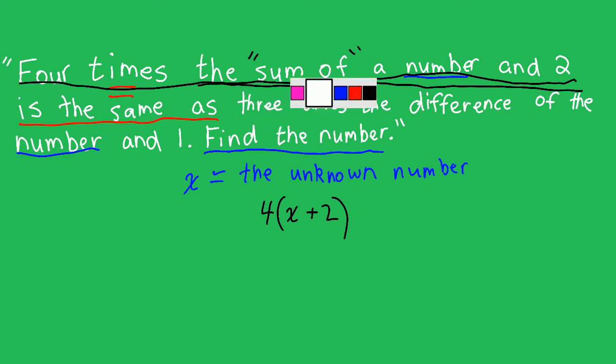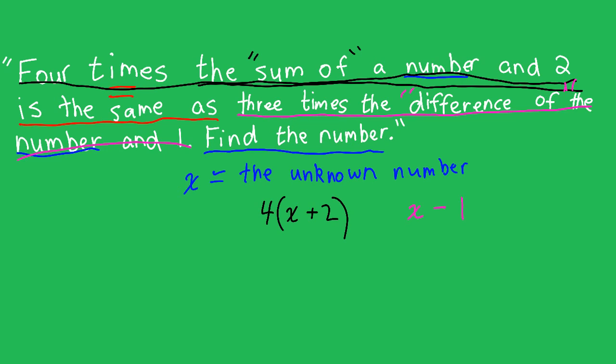Okay, now the right side, I'll do that in pink. 3 times the difference of the number and 1. So here we have the difference of as our code phrase. The difference of the number and 1. So the difference of x and 1 is x minus 1.